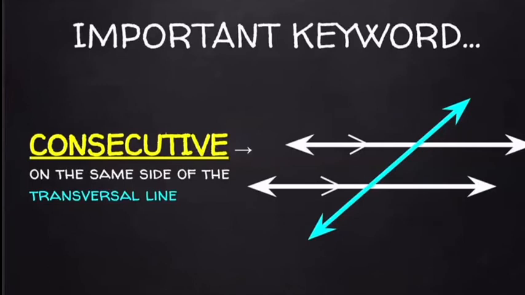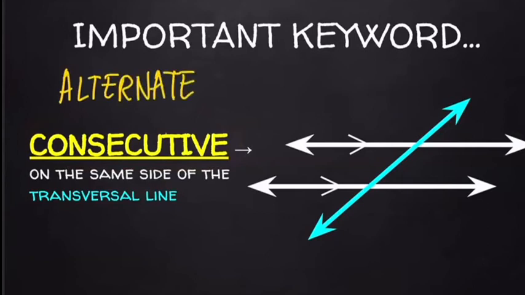This time, it's consecutive. In the last one, we talked about alternate, okay? And we said that alternate was either opposite sides of the transversal. Now, consecutive would be on the same side of the transversal line. So that means all the angles are either on the left side or on the right side, okay?